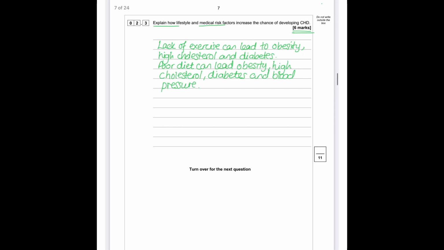We can talk about smoking, which can lead to increased blood pressure, as well as buildup of cholesterol.